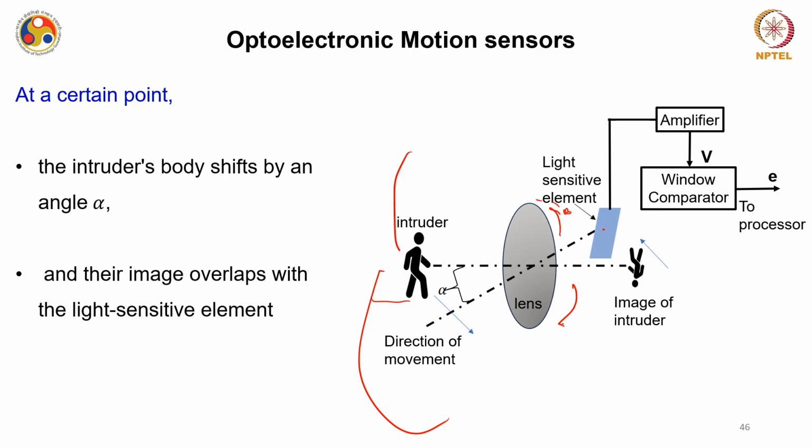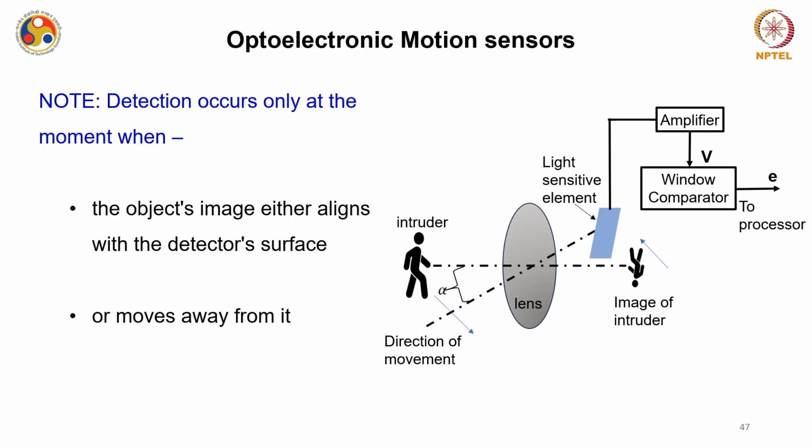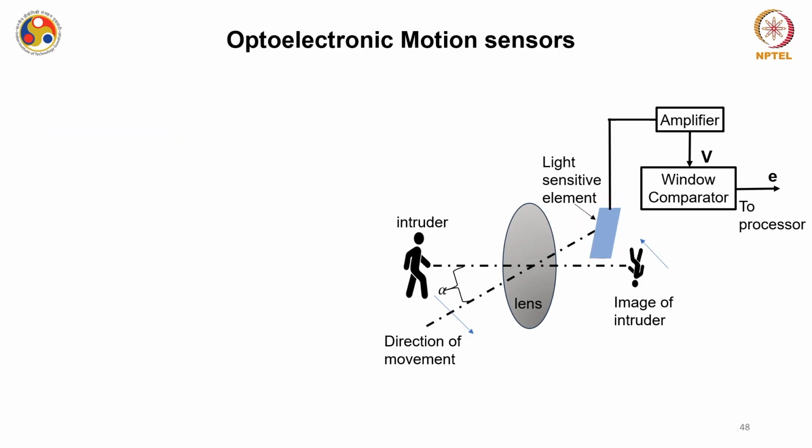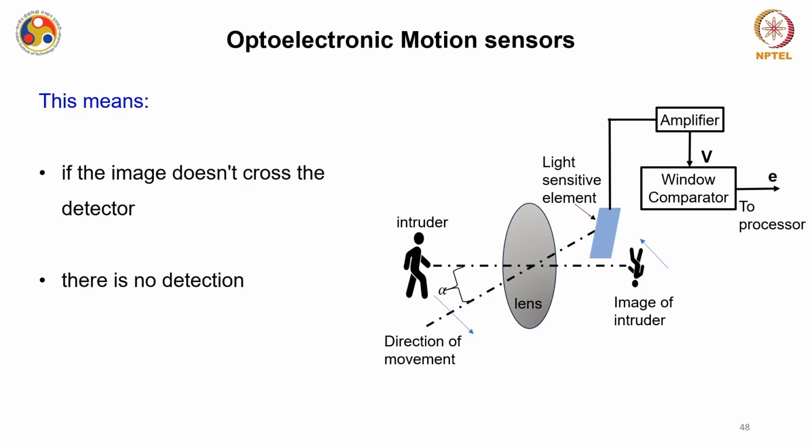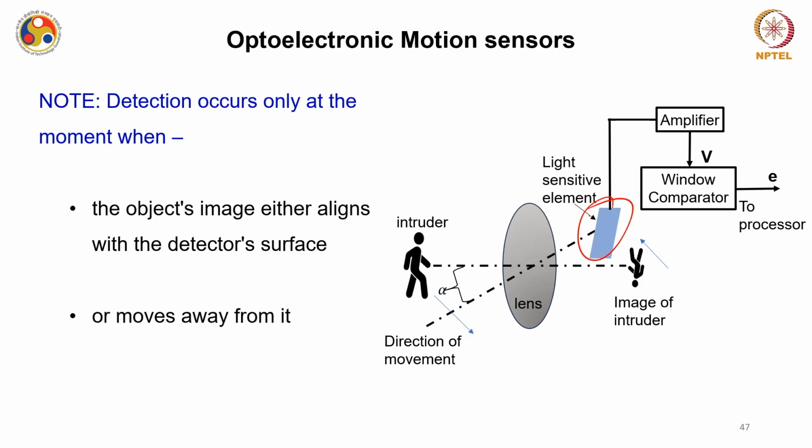Now when he shifts his position by some angle and the image overlaps with the light sensitive element, which is placed over here, it will be captured. So please note that detection occurs only at the moment when the object's image either aligns with the detector surface or moves away from it.